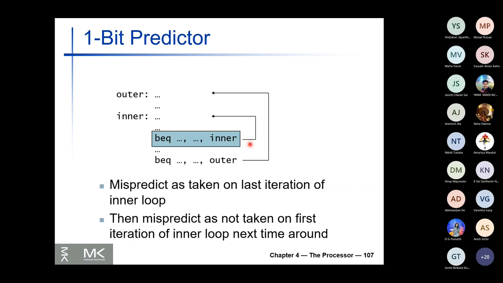What I'm saying is that you are keeping history of what happened last time, and then making a prediction of what would happen this time. One bit prediction means I'm keeping just the history of what happened the last time only. And as you can see, for each loop there will be misprediction twice, assuming that the loop is executed a couple of times and then you exit, which is the typical behavior of a nested loop.